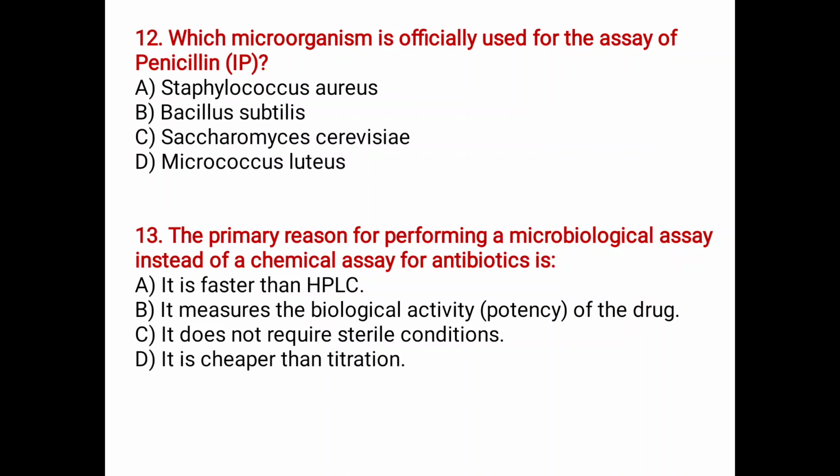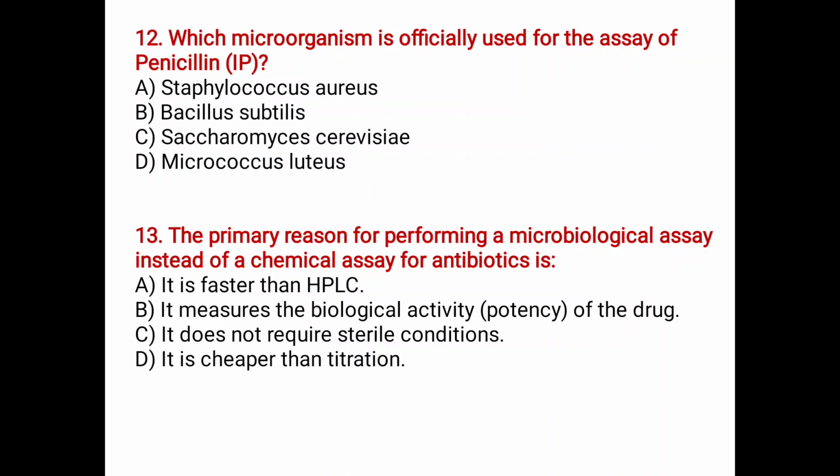So, Staphylococcus aureus. What is the purpose of assay? To check the activity or potency of antibiotics. Generally the cylindrical plate method or turbidimetric assay method is utilized for checking the assay. So Staphylococcus aureus is utilized.